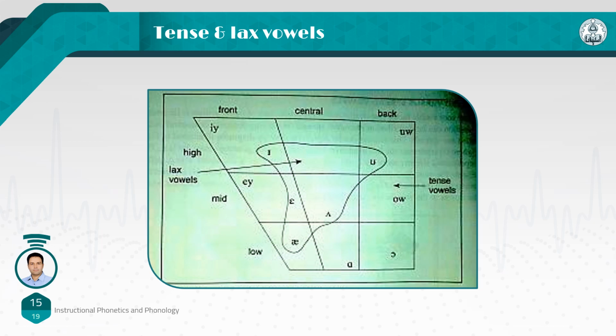If you pronounce the words including tense and lax vowels for yourself, you can feel the difference. For example, read, team, read, Tim, long E and short E. When I say read or team, it is tense. You can do it in front of a mirror. You can see your neck, the jaws, the tongue, everything is tense. But when you say read or when you say Tim, everything is relaxed.